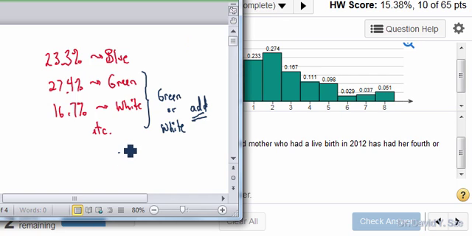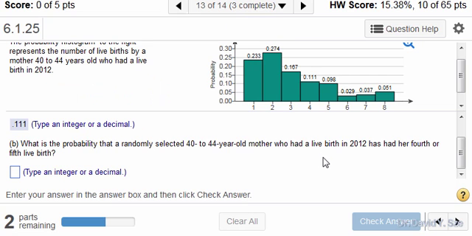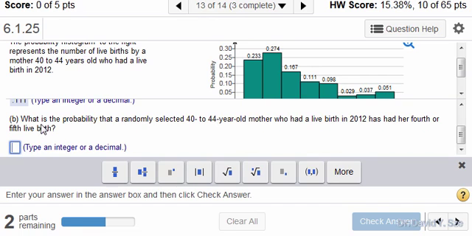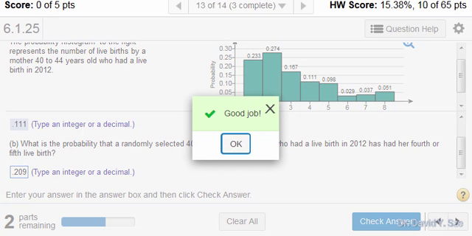Fourth is 0.111. Fifth is 0.098. We add them together. That's 0.209. For 20.9% of the women, this is her fourth or fifth live birth. Check our answer. Good job again.